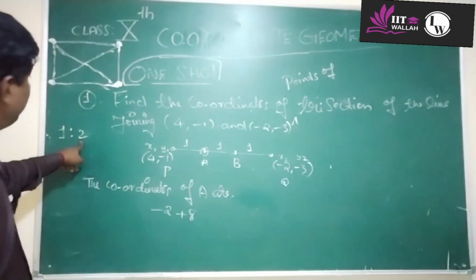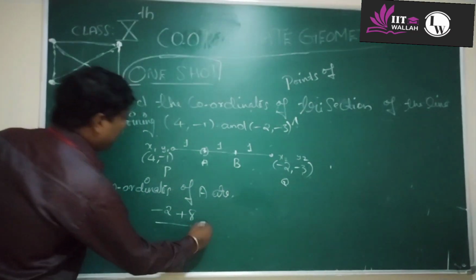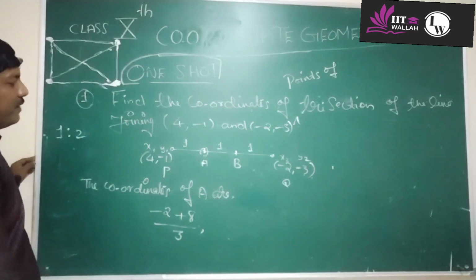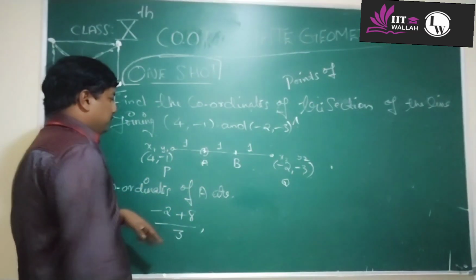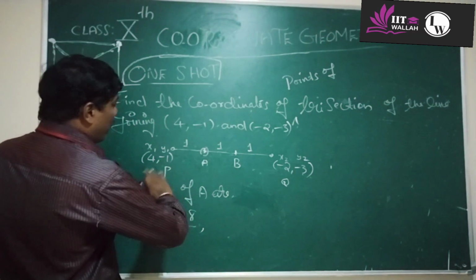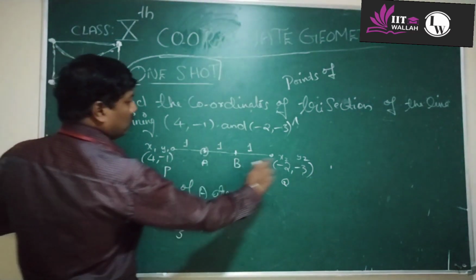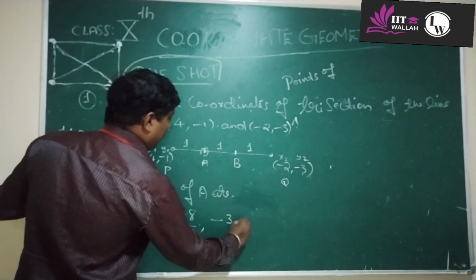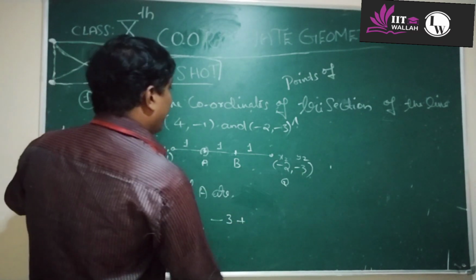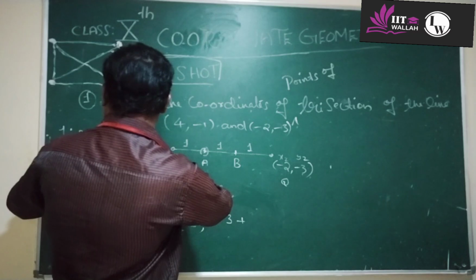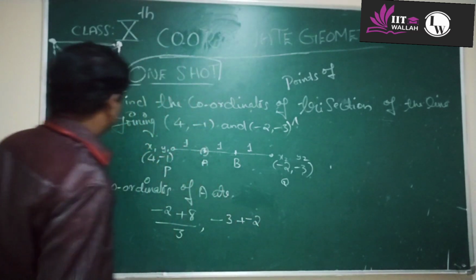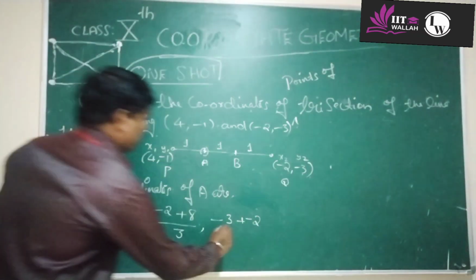Yeah, minus 2 plus 8 by m plus n: 2 plus 1 is 3. So the x coordinate we got. Now the y coordinate is m by 2. 1 into minus 3 minus 3 plus n y 1 is minus 1, so plus minus 2, 2 into minus 2 by 3.